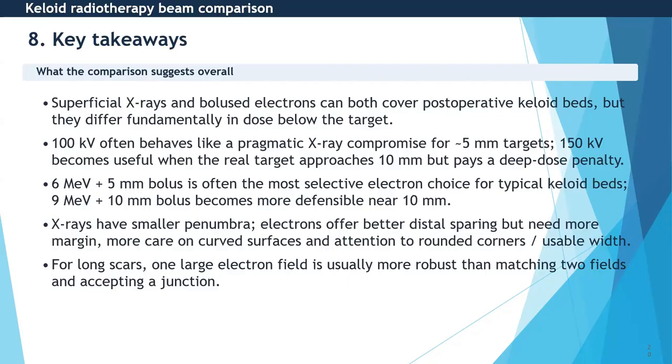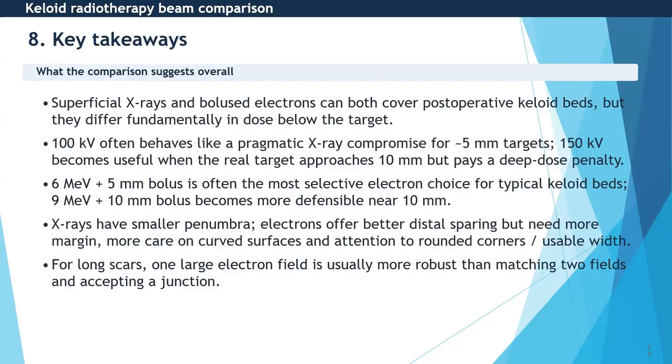It's got a deep dose penalty. 6 MeV plus 5 millimeters bolus is often the most selective electron choice for typical keloid beds. 9 MeV plus 10 millimeter bolus becomes defensible if the target's at 10 millimeters deep.